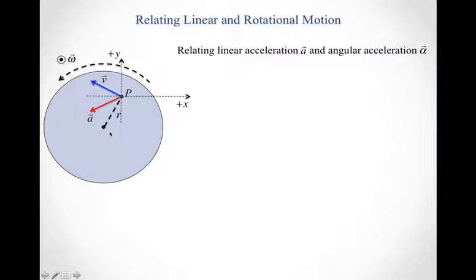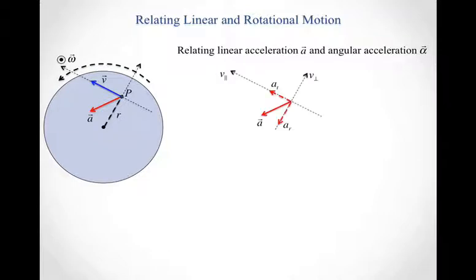That means there are two components that I want to think about. And of course, I don't want to think about those components in terms of the way that we typically think about positive x and positive y. What I want to do is align my coordinate system in the direction of the velocity. That's going to help me think about this radial component that points towards the center of the circle and this tangential component that points in the same direction as the velocity.